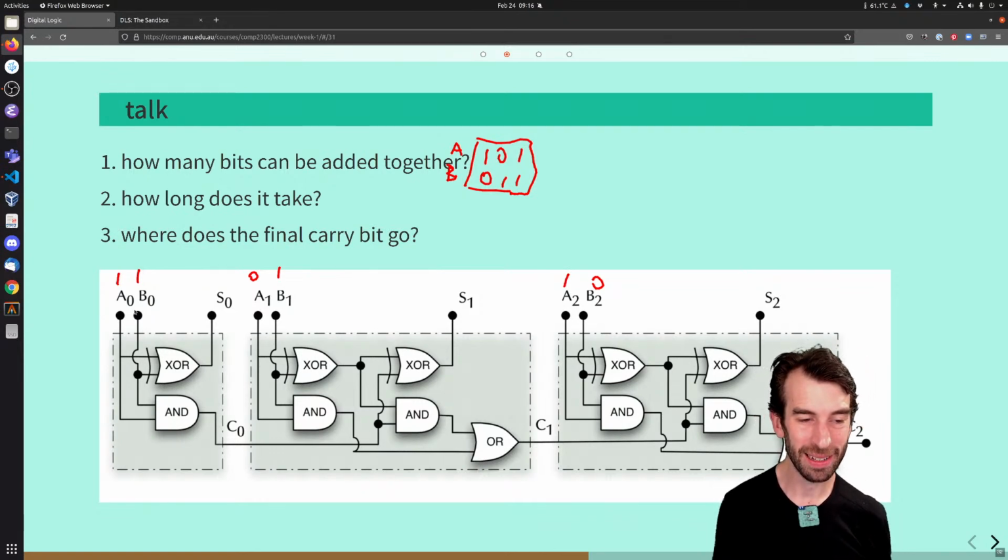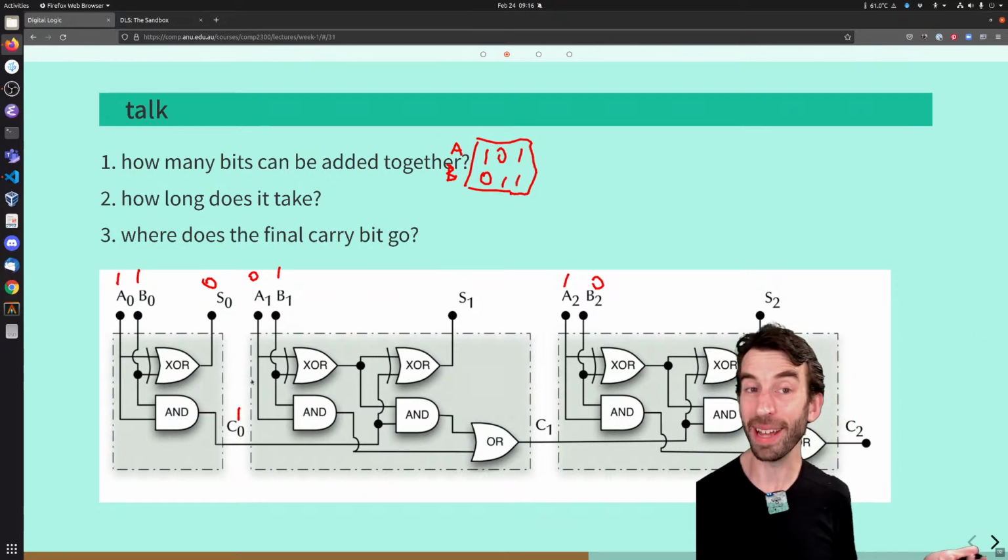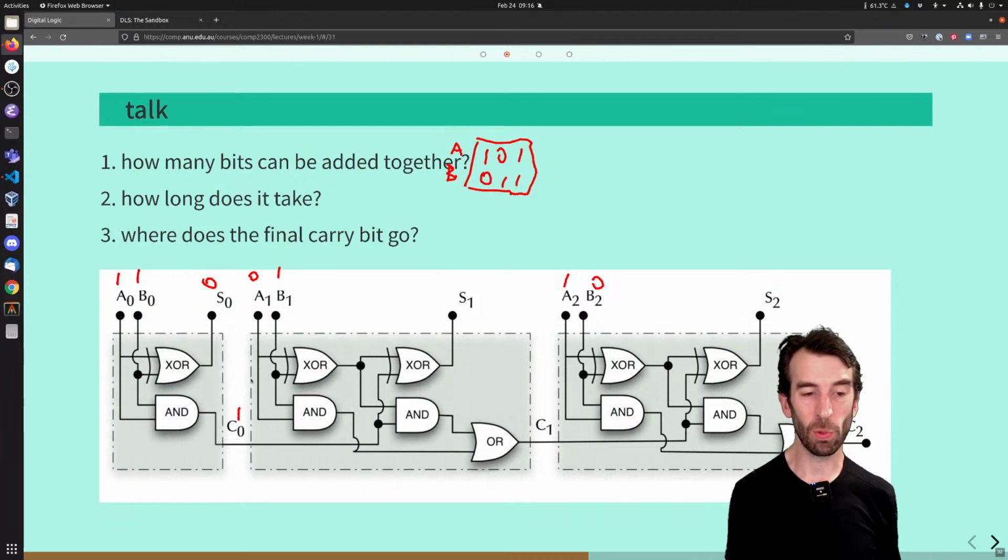A and B, there's 2 1s as input to this adder, so that's 1 plus 1 is 0. Carry the 1. We've got 3 inputs to this adder. The carry is just another regular 1 now. So it's 1 plus 1 again is 0, carry the 1.